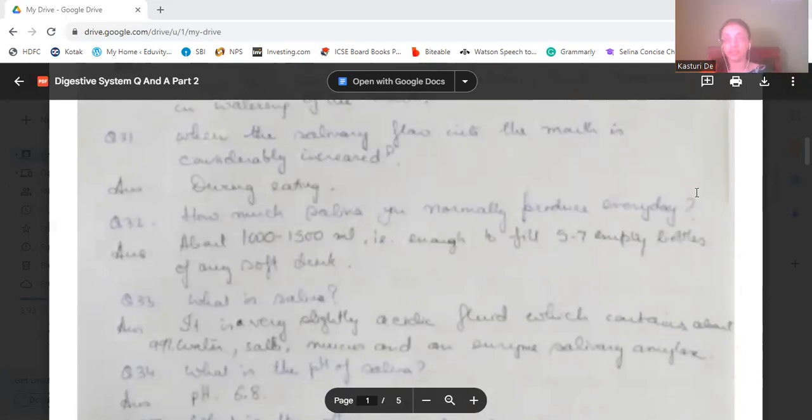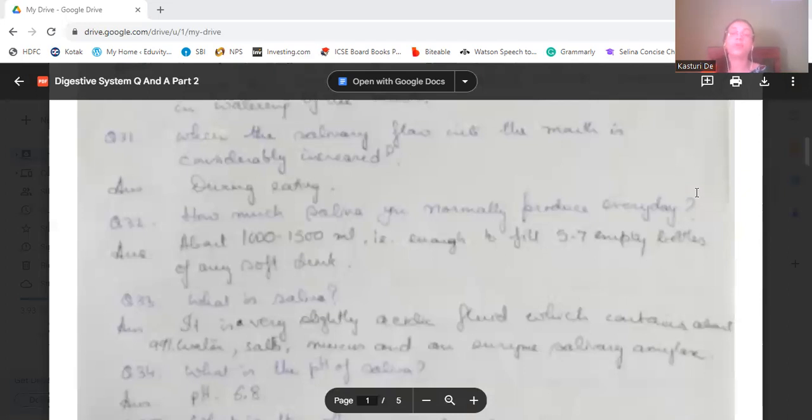How much saliva do you normally produce every day? About 1,000 to 1,500 milliliters, enough to fill about 5 to 7 empty bottles of any sauce. So much saliva is produced every day.